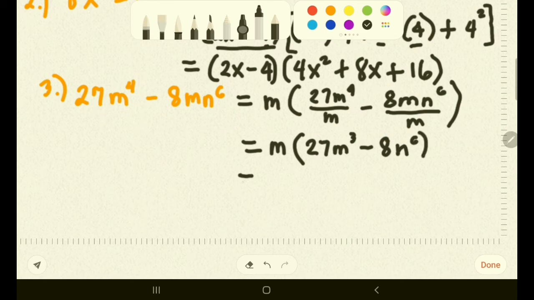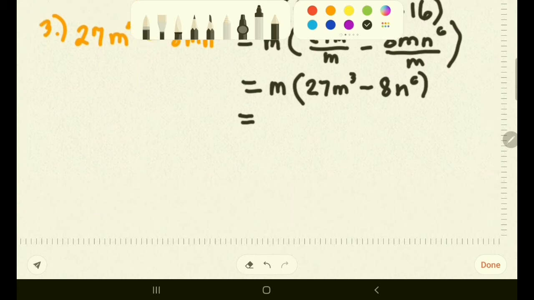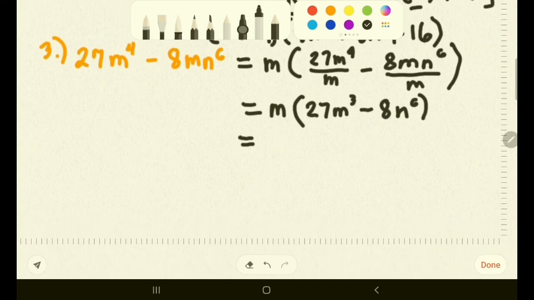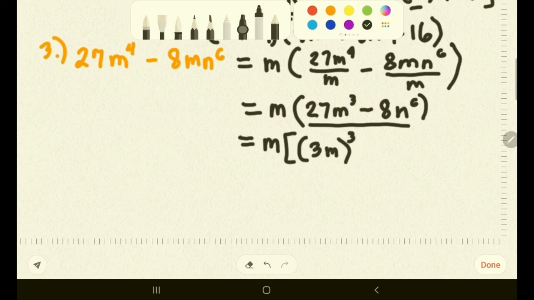Next. Then you factor 27m cubed minus 8n to the power of 6. They are both perfect cubes, the two terms. So you express each to the power of 3. 27m cubed is just 3m to the power of 3, the cube of 3m.